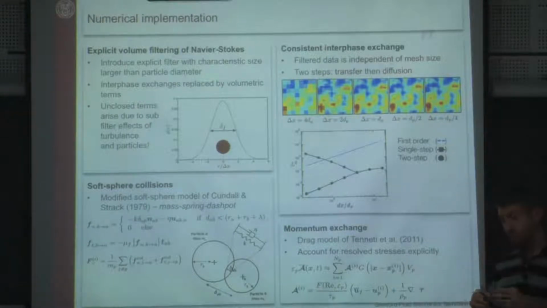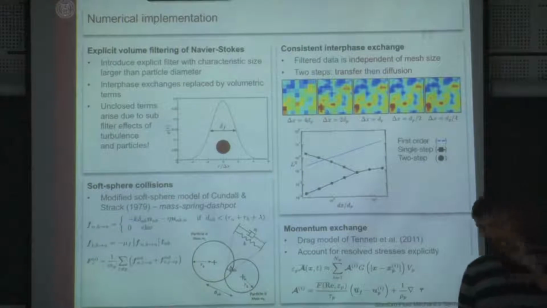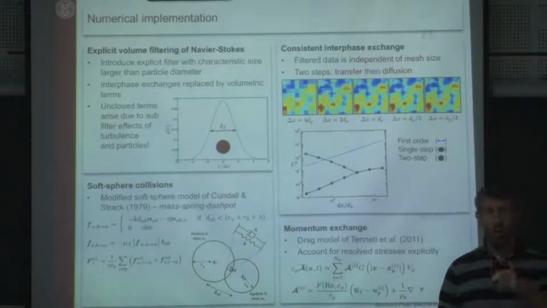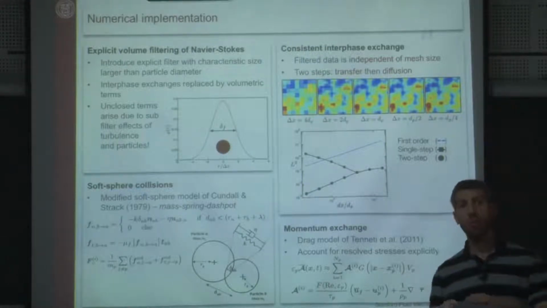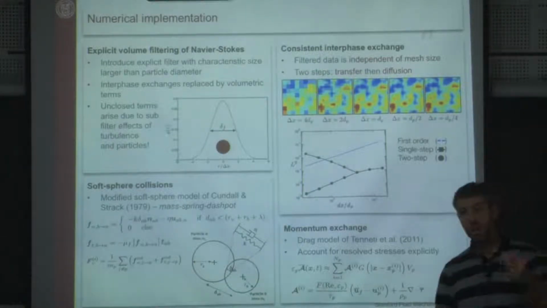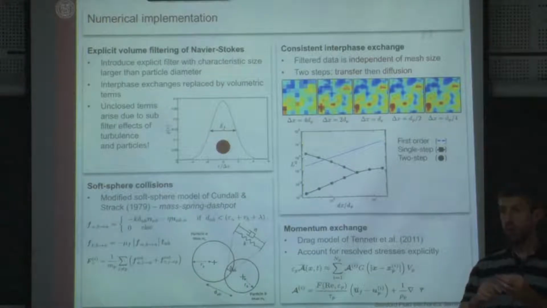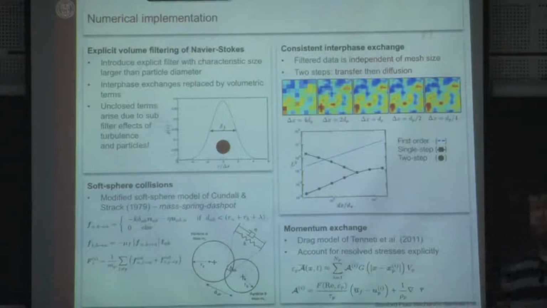Remember, the way we implemented things in the past few days is each of our particles was allowed to only influence its own cell, the cell in which it was living. It was very cheap. It was also pretty naive. This approach requires particles to influence an entire region around themselves. If you imagine you're sitting at the location of one particle, you need to send back information to the fluid in, say, 100 cells around yourself. It's going to be expensive. So you need smarter approaches than just directly reaching out to cells.